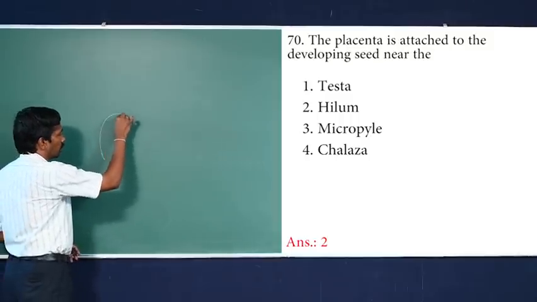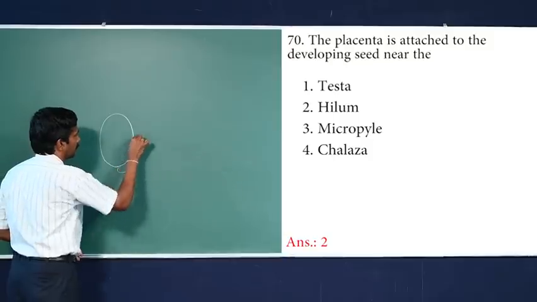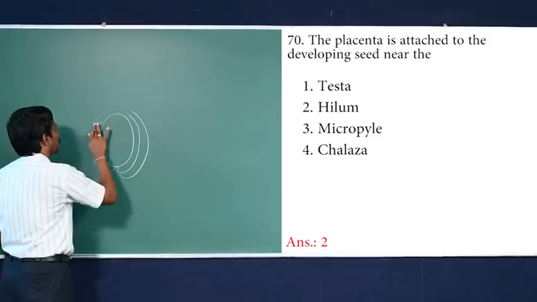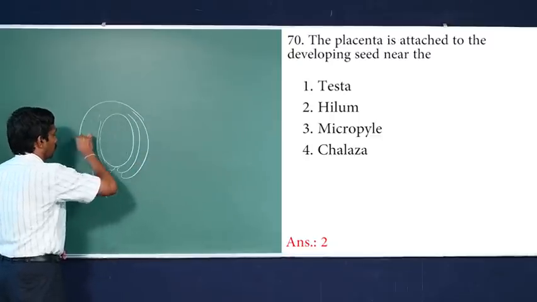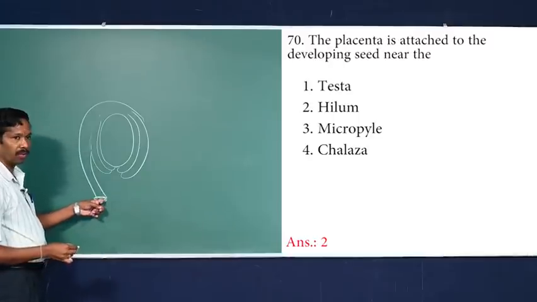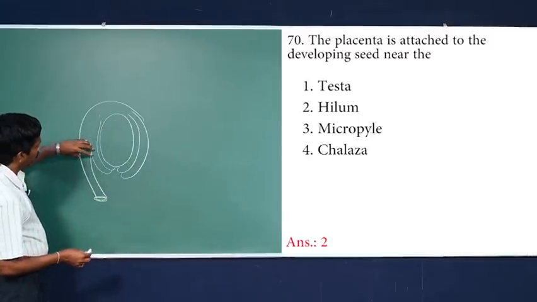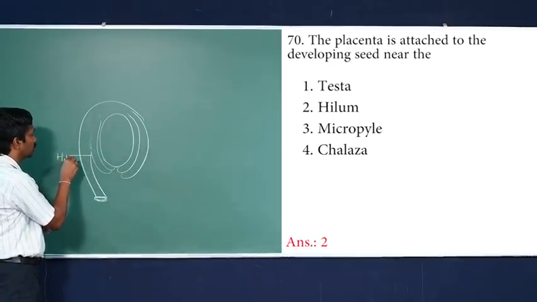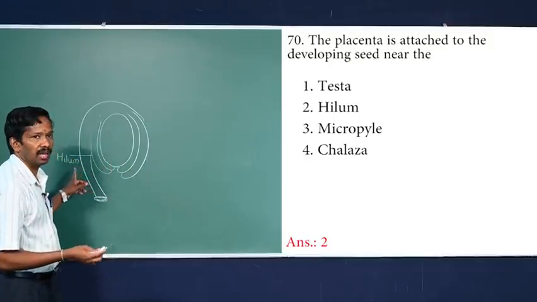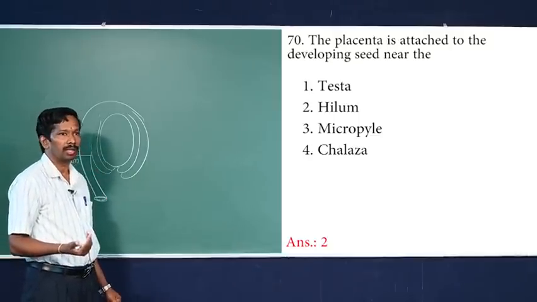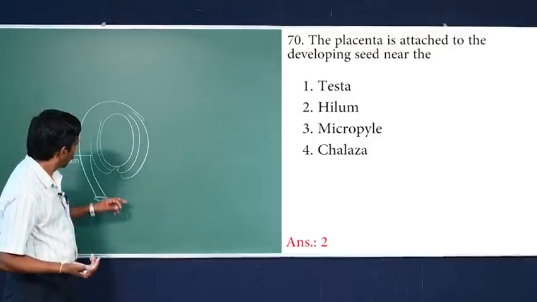When you have the ovule represented, anatropous or orthotropous ovule, the connection of ovule to the placenta is called the funicle, and the body of the ovule is connected to the funicle and it is called the hilum, and this is constituting the scar associated with the seed, and that is the answer for question number 70, that is hilum is a connecting structure that is associated with the seed related with funicle.